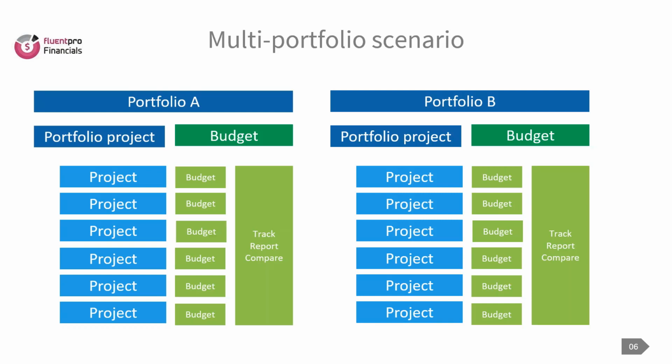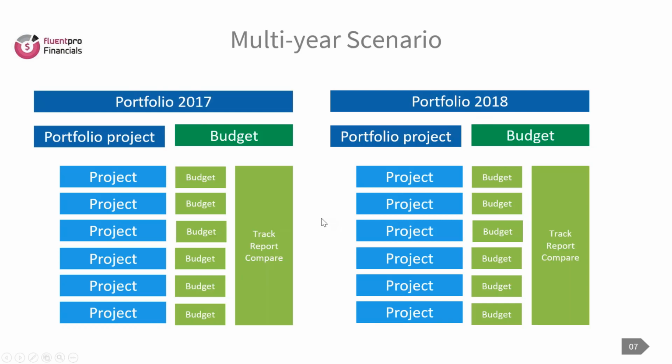It can be that you have a portfolio with its own budget, and then each project that is part of that portfolio has its own budget. Here you can compare the portfolio budget, your initial approved budget, with the actuals and with the budget from the underlying projects. So that's option number one. For example, this is your HR portfolio, this is your IT portfolio, and maybe somewhere there is another R&D portfolio.